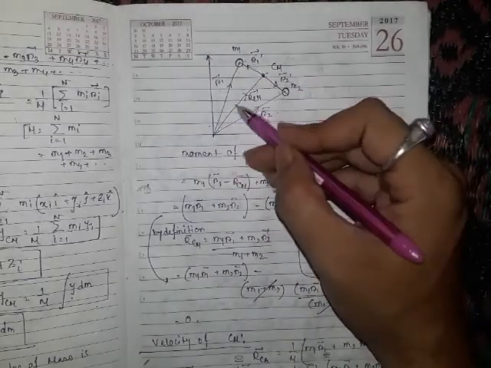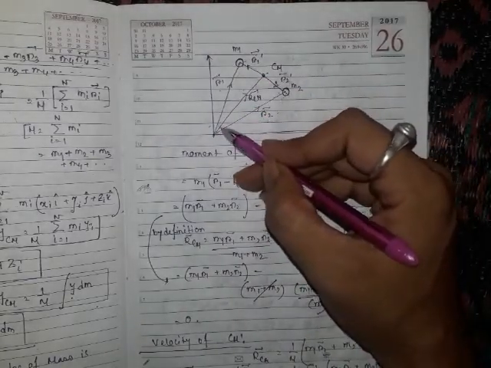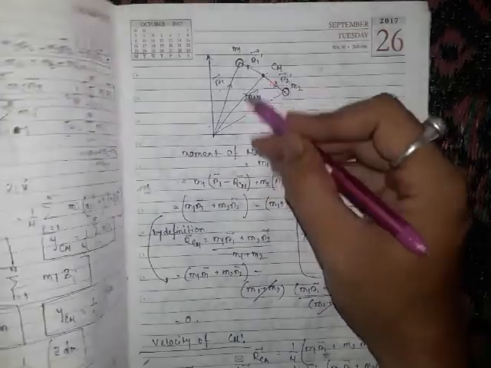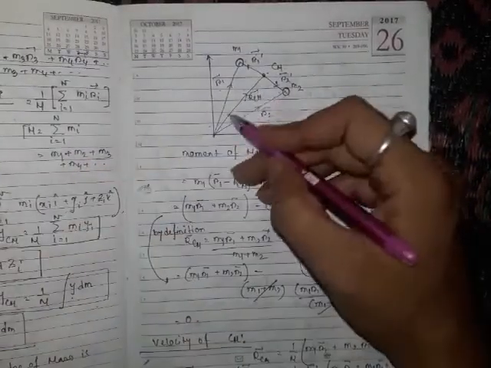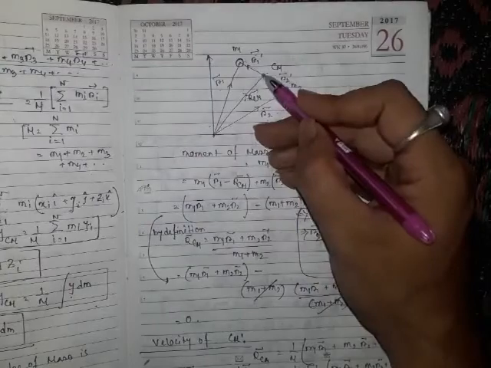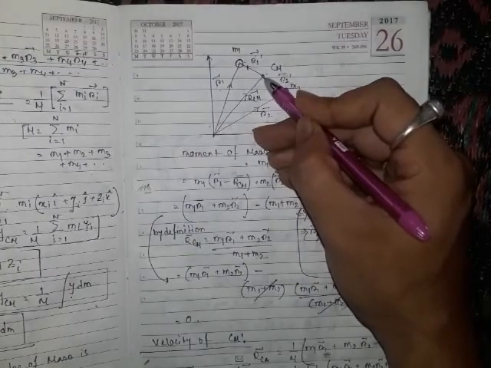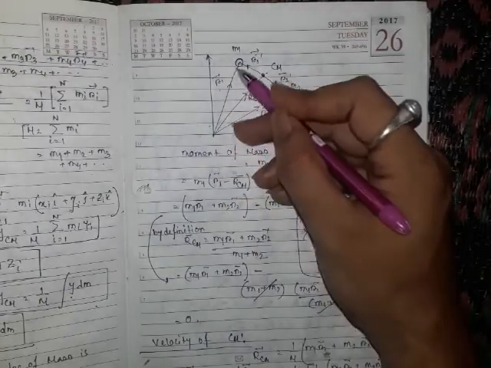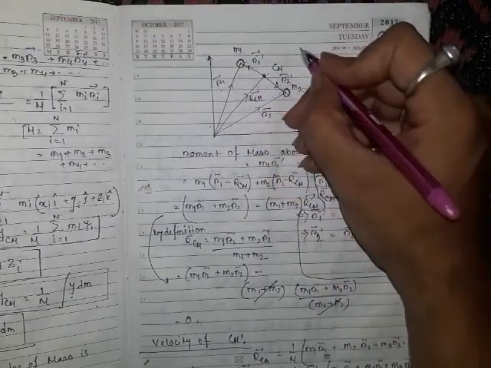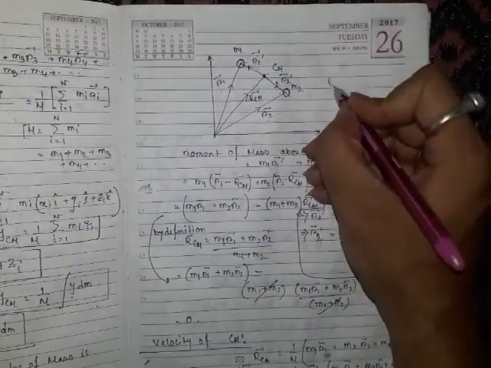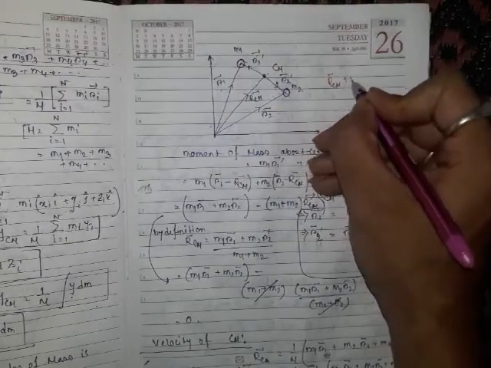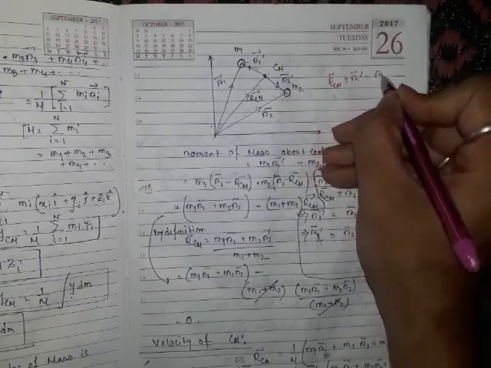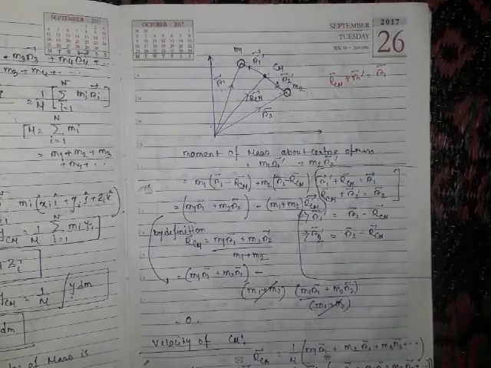Now just check this thing. This r_CM and r1 prime are in the same order, because r_CM ends here and r1 prime starts here, and this r1 vector is taken in the opposite order. So we can write r_CM plus r1 prime equals r1 from the law of vector addition.